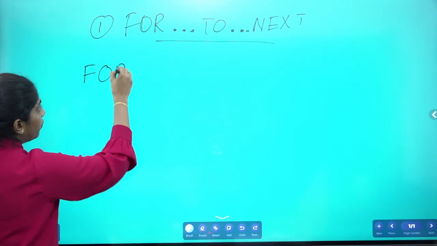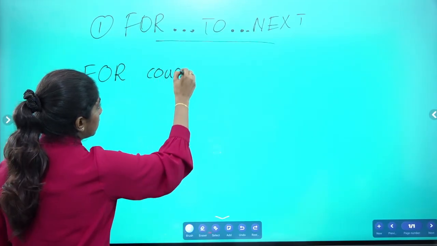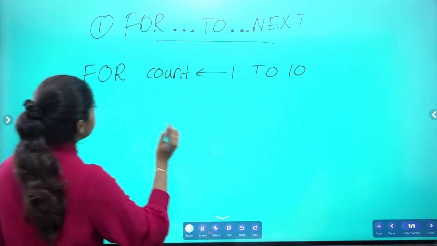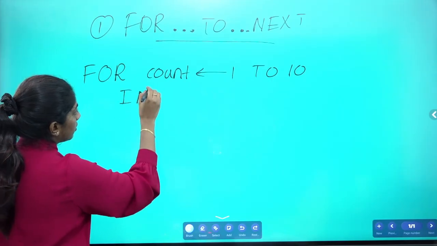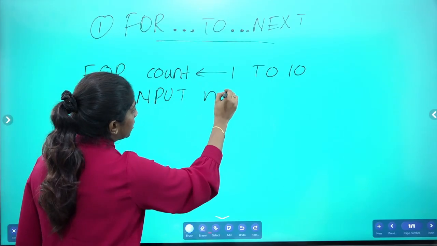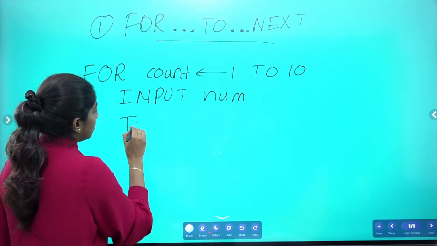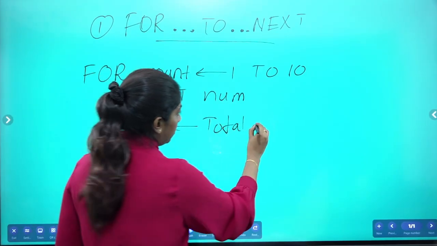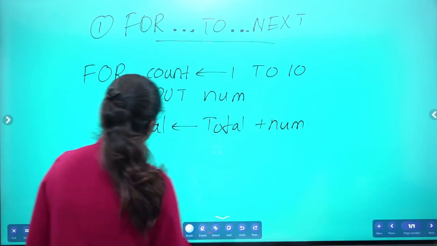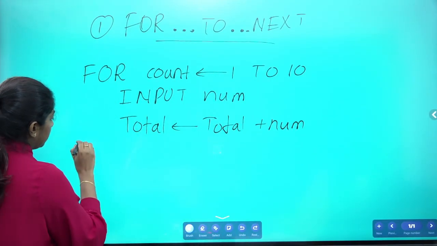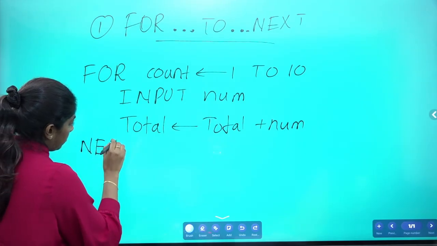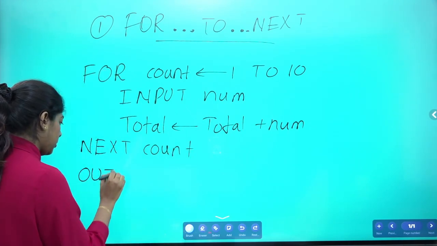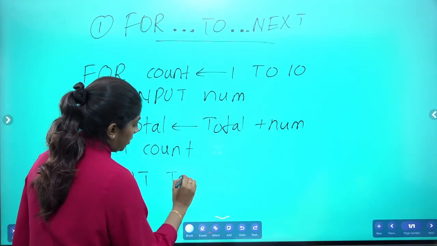For count equals 1 to 10, input number, total equals total plus number, next count, output total.